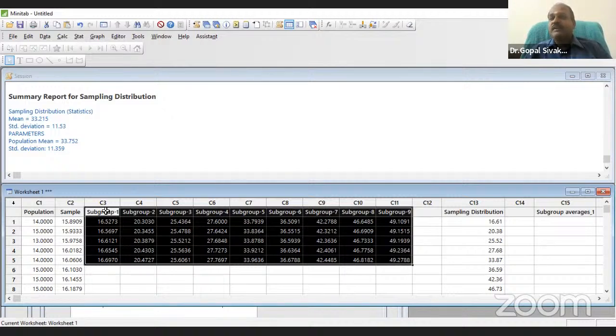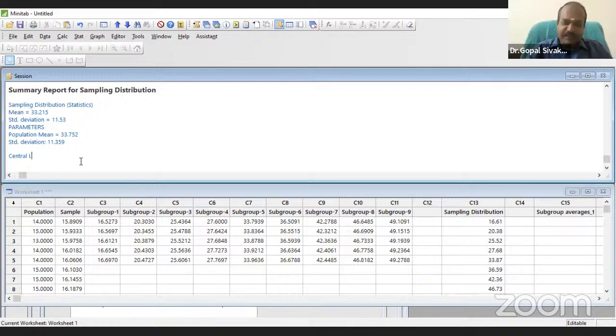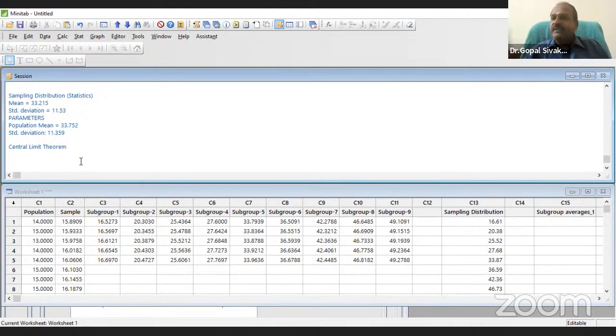This is called the central limit theorem. If you want to take the right decision, you must always use this central limit theorem.